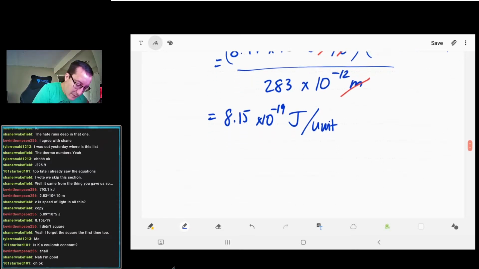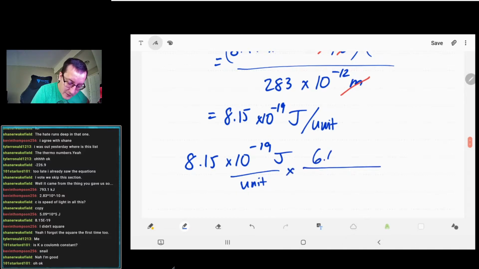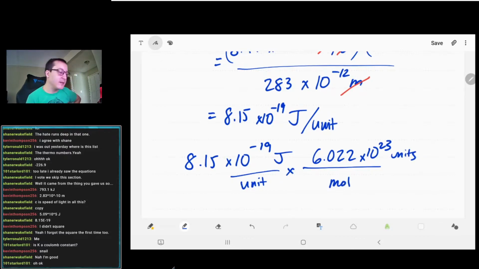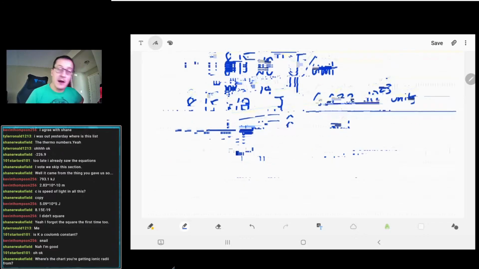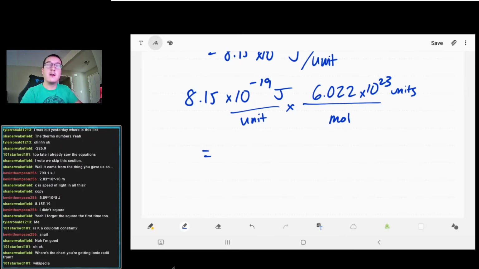Cool. So if we wanted to make this per mole, we would use Avogadro's number, right? So we would do this. I'm going to do it myself since none of y'all can be trusted. Yeah, it's on Wikipedia. It's from the homework.